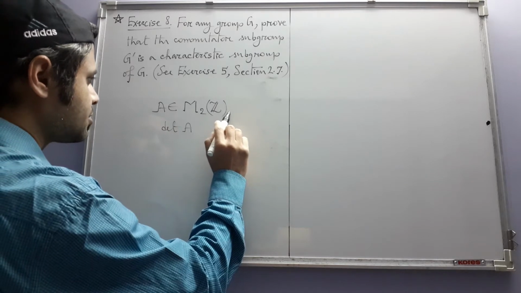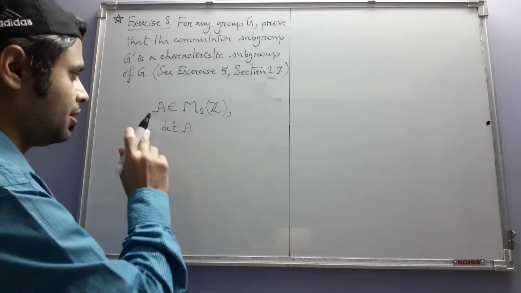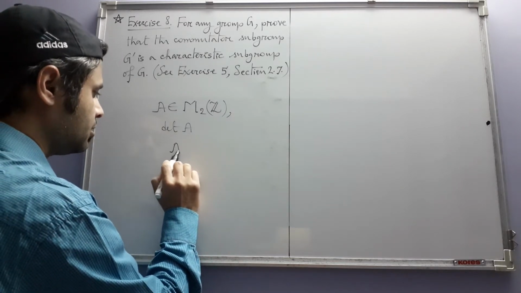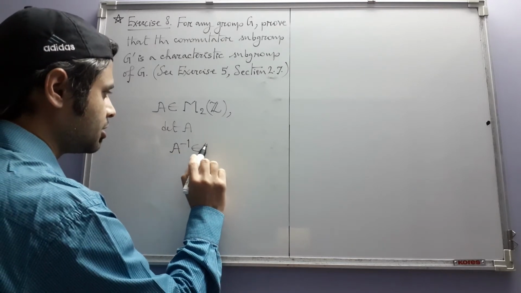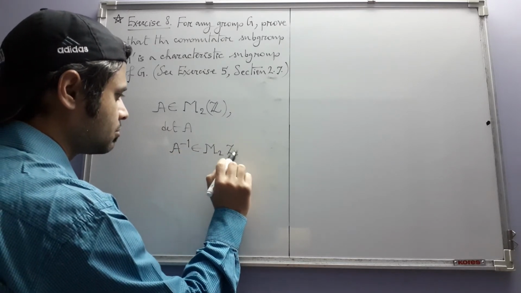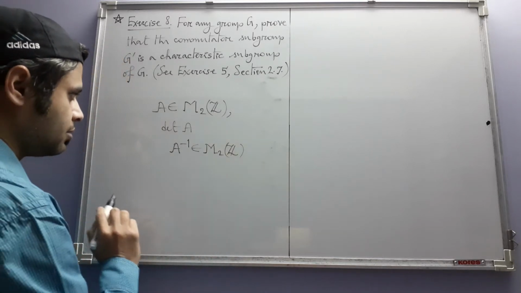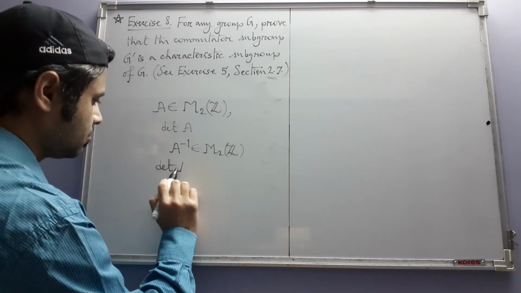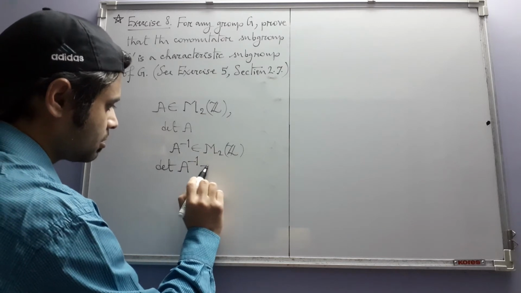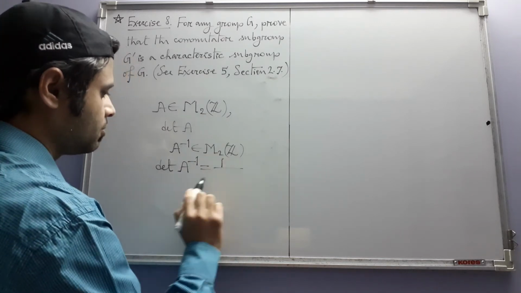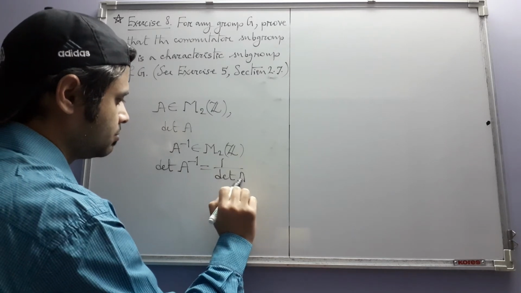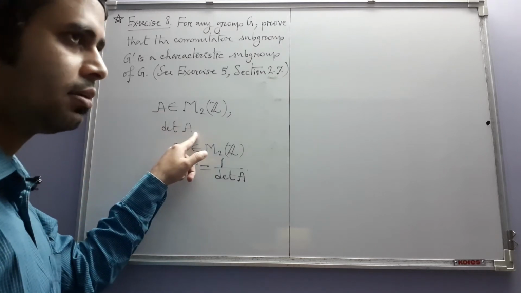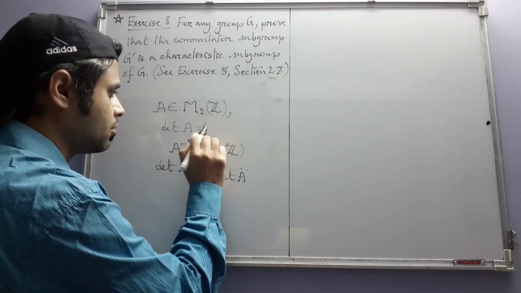Now if we are assuming that this is a unit, that is if A has a multiplicative inverse in this ring, then its inverse is also going to be an integer matrix. And from the properties of determinants, this has to be the reciprocal of the determinant of A. And this of course is possible only when A is invertible, and hence equivalently this is non-zero.